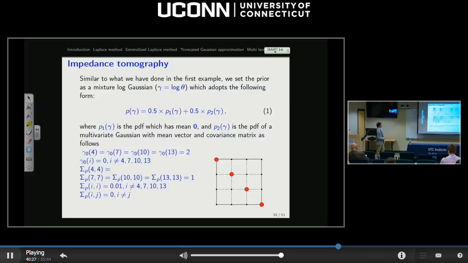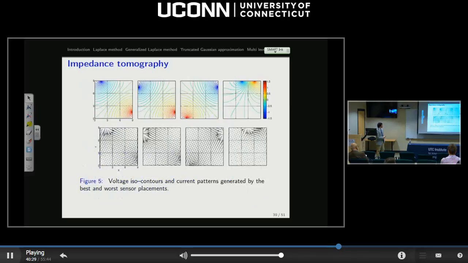And here are the results. The first two pictures are the potential distribution of the two best experimental designs, and the second two potential distributions are from the two worst experimental designs.